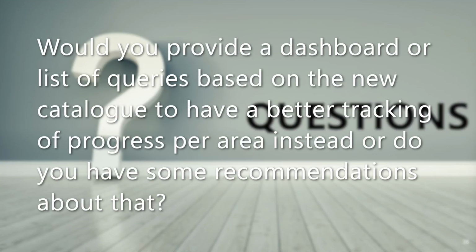Would you provide a dashboard or list of queries based on the new catalog to have better tracking of progress per area instead, or do you have some recommendations about that? I'm used to working with the backlog and hierarchy per area end-to-end process and not all processes in a flat list on the backlog. It looks like Ajit answered this question.